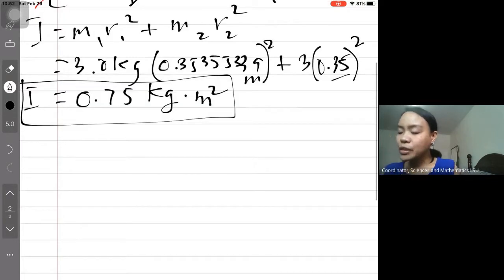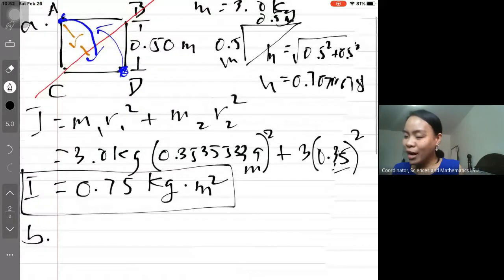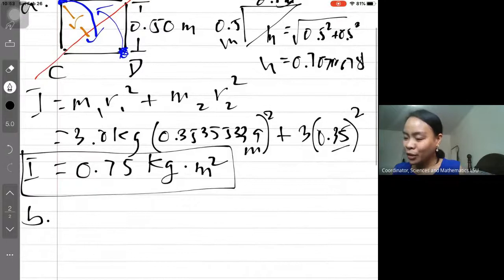Now, let's proceed to letter B. For letter B, we are asked for the axis passing through masses A and C. Let us draw again our square.